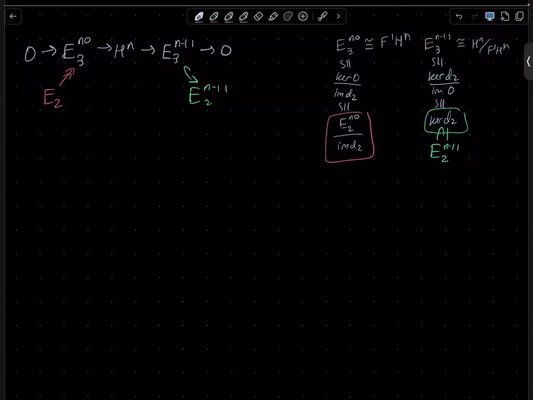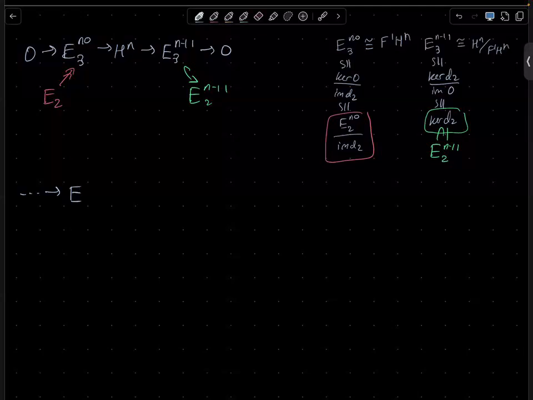Once you have this, you can't help yourself but write down the D2 map here, and then the same thing back here. So we might as well compose this map and compose this map and just deal with E2 terms everywhere. So what does that look like? I'll just write: goes into, okay.